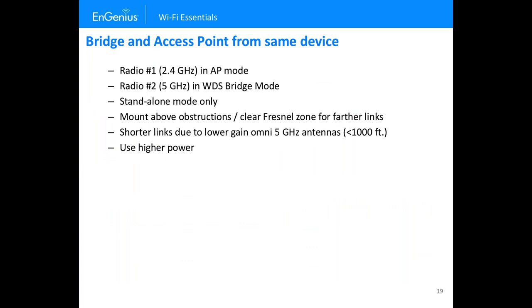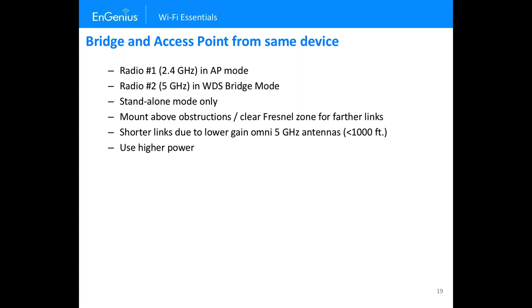Okay, so bridging an access point from the same device. For example, our ENS620 has 2 radios. Radio 1 is a 2.4 radio, and radio 2 is a 5 gigahertz radio. The mode of operation is selectable on either band, but of course for 2.4, always set that to AP mode.